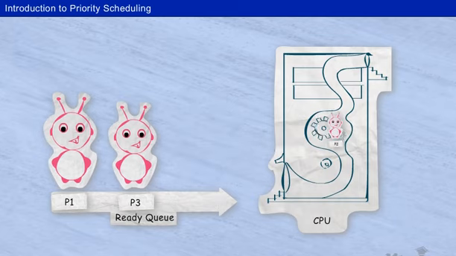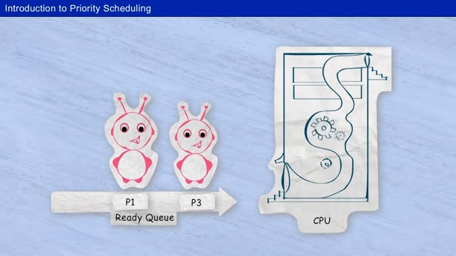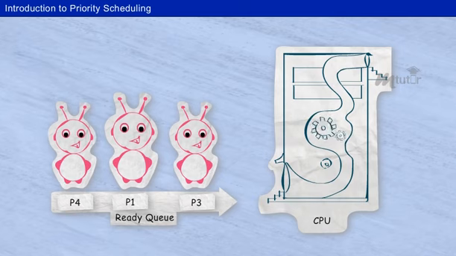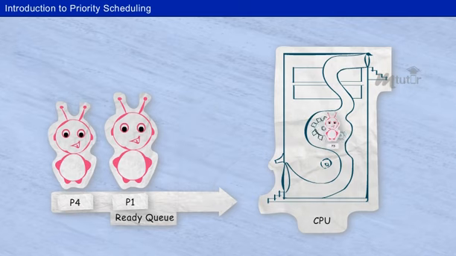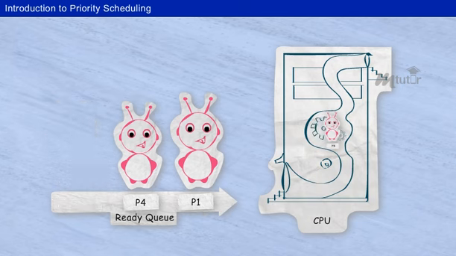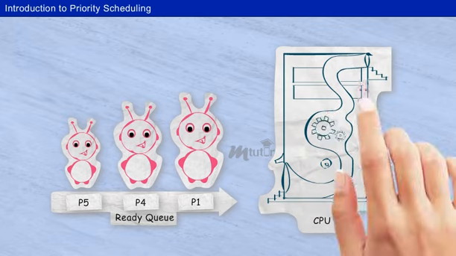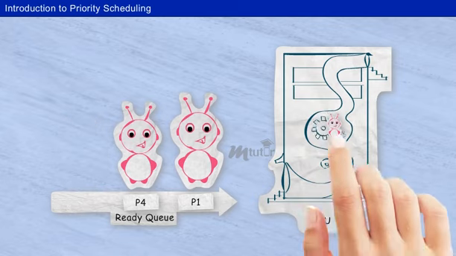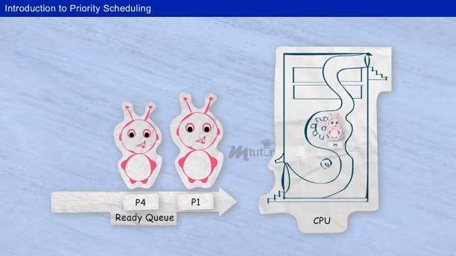As you already know, the SJFS, that is, shortest job first scheduling algorithm, allocates the CPU to the next process with the smallest burst time or CPU execution time. That is, whenever the CPU is available, it is assigned to the process that requires the smallest execution time to complete. From this, you can observe that SJFS always prefers shortest jobs even when longer jobs are in the queue for a long time.